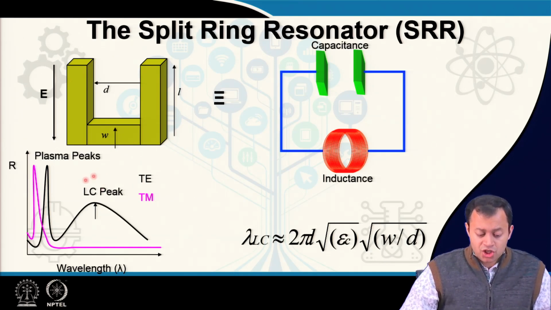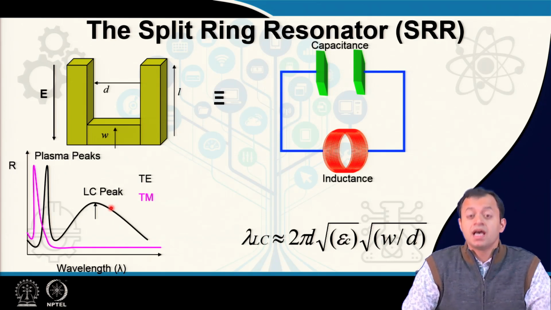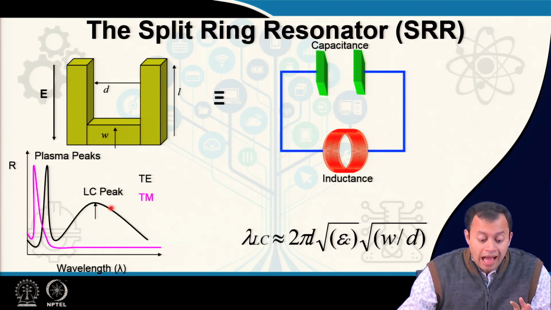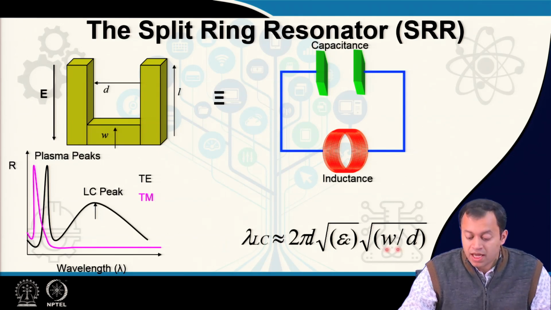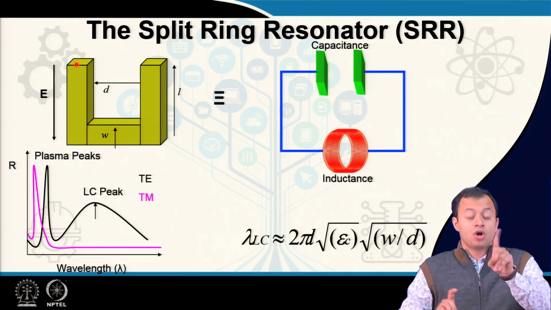The polarization dependent part is this, something that you have created, and the frequency of this LC peak depends on the dimensions, depends on the structure, not on the material property.